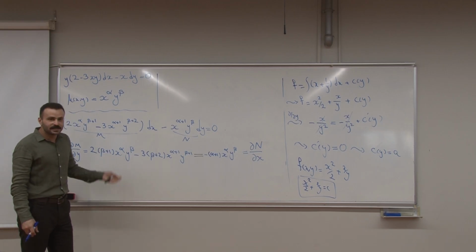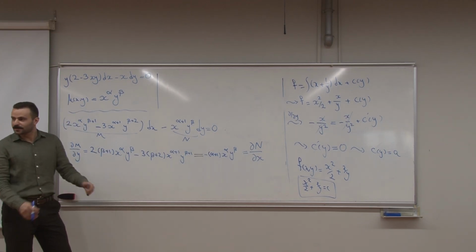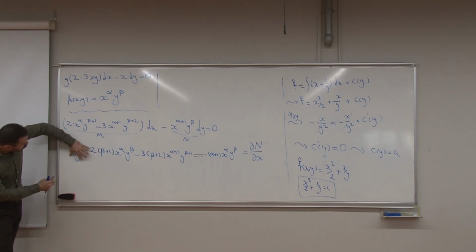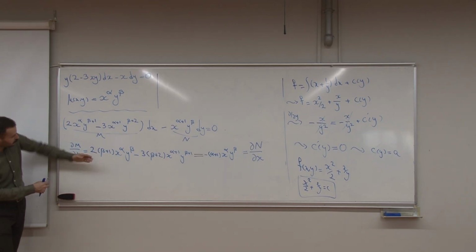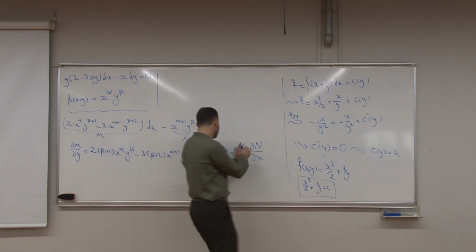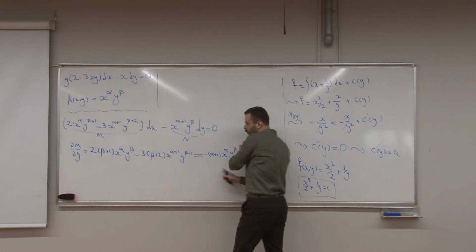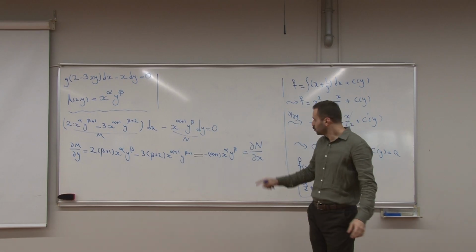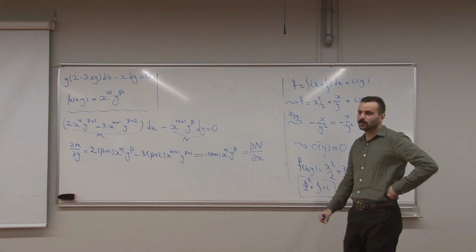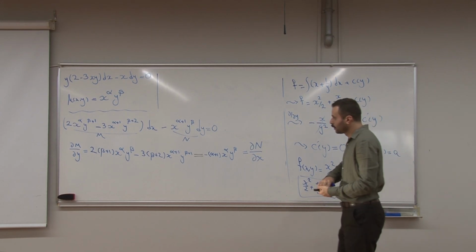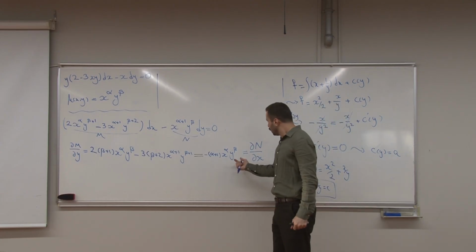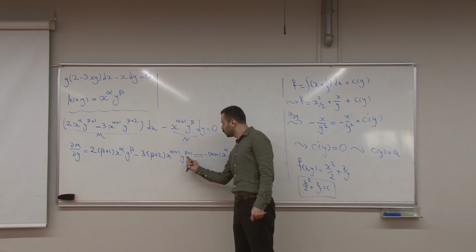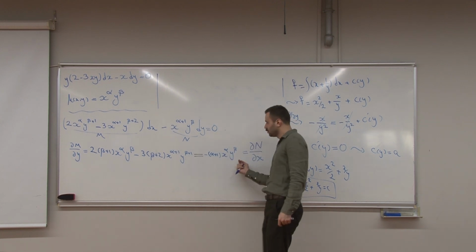So what happens here? What should I do for the rest? Look at this. Do I need this one here? No. Just ignore it. We have this equality here. For which values of alpha and beta do I have this equality? Do I have any x to the power of alpha plus 1, y to the power of beta plus 1 on this hand?